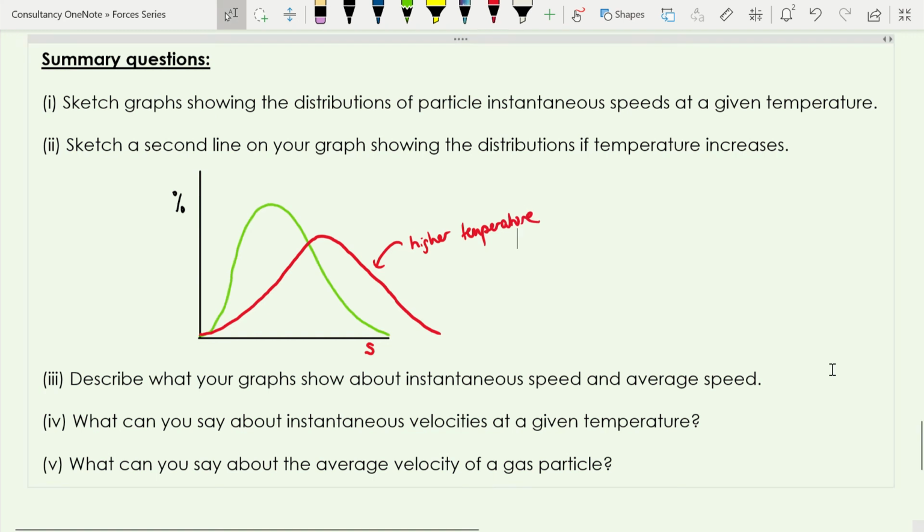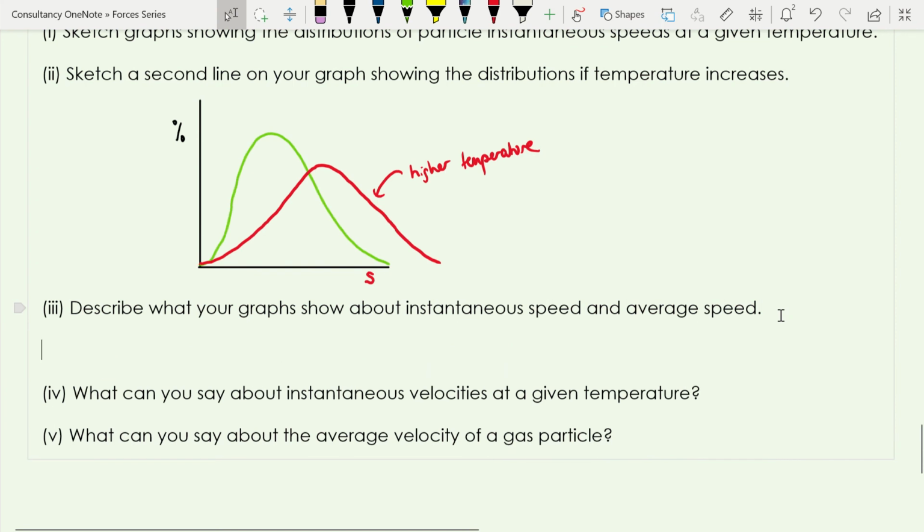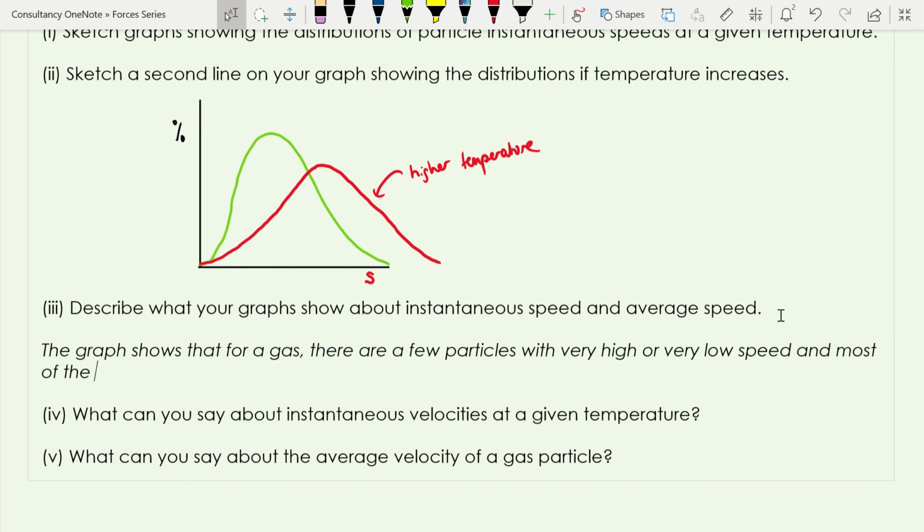Okay, so now we're going to describe what these graphs are actually showing about instantaneous speed and average speed. Let's do instantaneous speed first of all. The graph shows that for a gas, there are a few particles with very high or very low speed, and most of them have a speed somewhere in the middle.